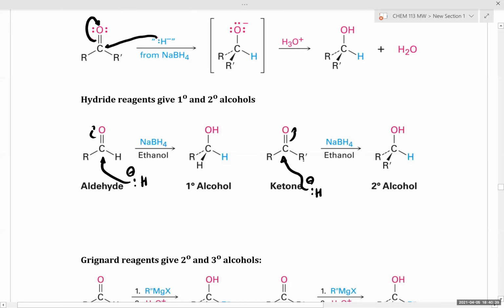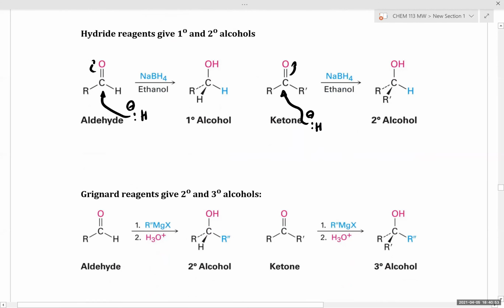The substitution is based on the number of alkyl groups attached to your carbonyl initially. Does that make sense? Yeah, okay, thank you. Perfect. Any other questions on Grignard addition and hydride addition into aldehydes and ketones?